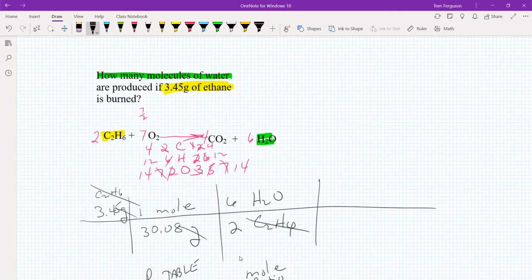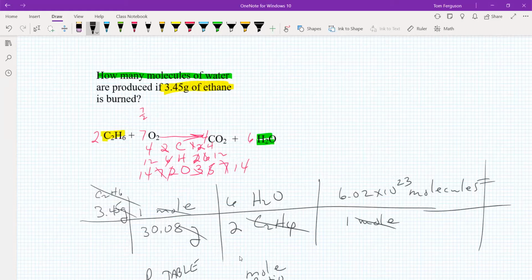We want to know molecules of water. We want to go from moles to the number of molecules. That's 6.02 times 10 to the 23rd per mole. Moles cancel. What does this give us? Gives us molecules of water. What are we trying to calculate?